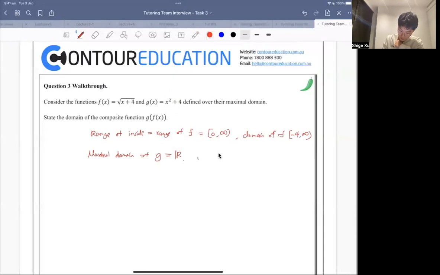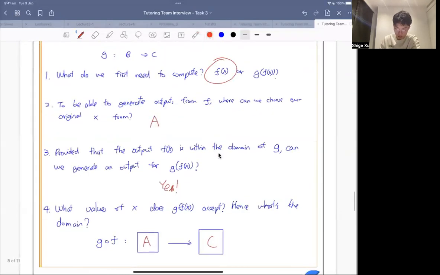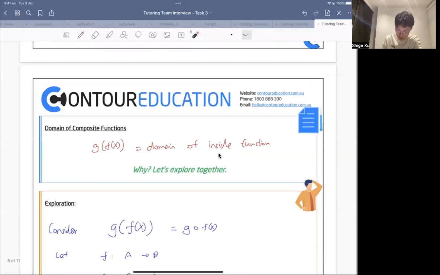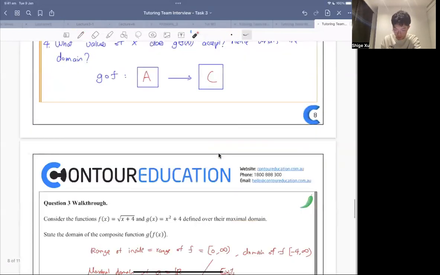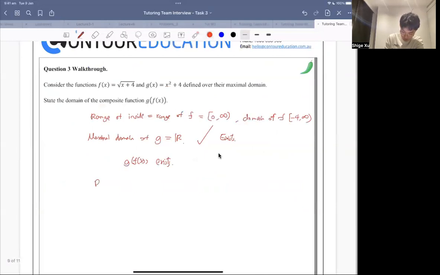So yes, g of f of x exists. Therefore, by our rule before, the domain is simply the domain of the inside function. So the domain of g composite f is the domain of f, which is just -4 to infinity.